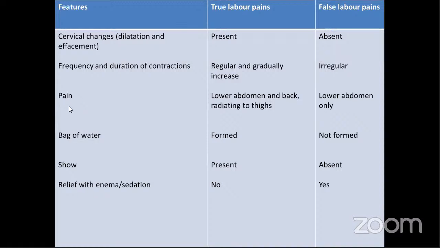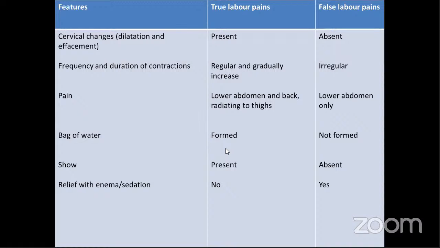Now, the pain experienced by the patient will be mostly in the lower abdomen and back, typically radiating to the thighs, whereas in false labor pains it is only in the lower abdomen, with no typical radiation. Now, the bag of water is what we examine on pelvic examination. Since there is dilatation of the cervix, there will be funneling or herniation of the membranes.